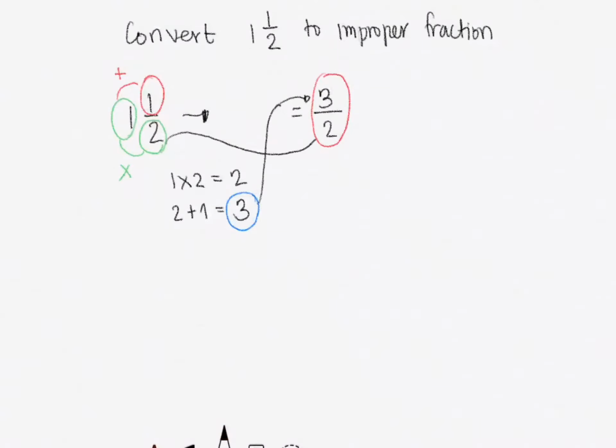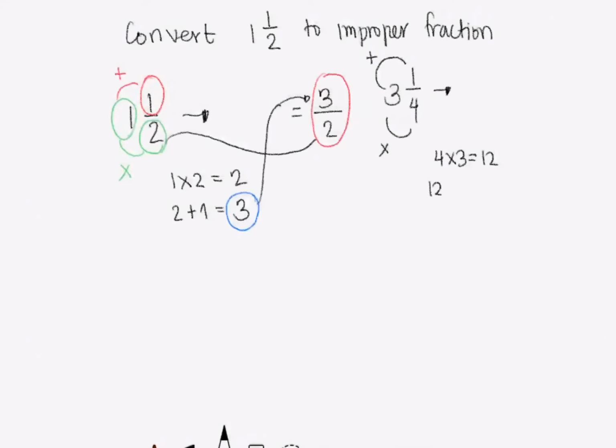Another example. Let's try to convert 3 and 1/4 to improper. So again, let's multiply the denominator by the whole number. So we have 4 times 3, we have 12. And then let's add the answer to the numerator.